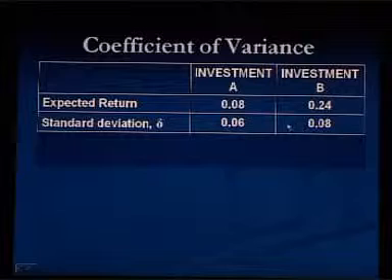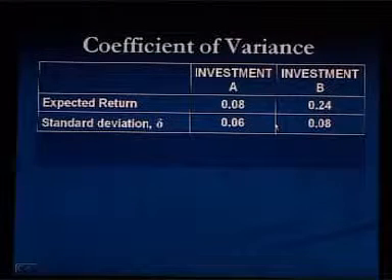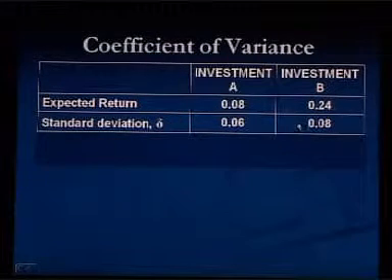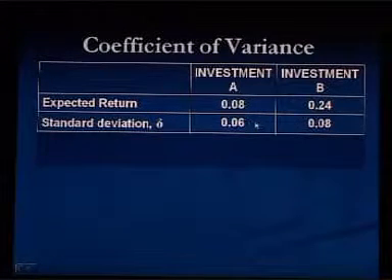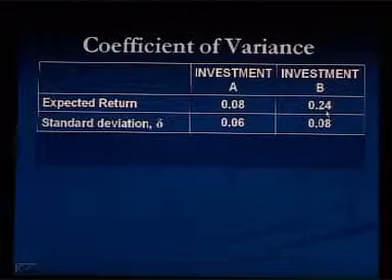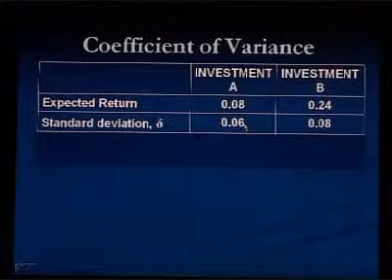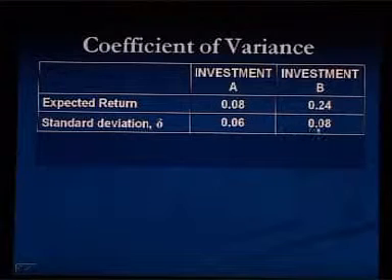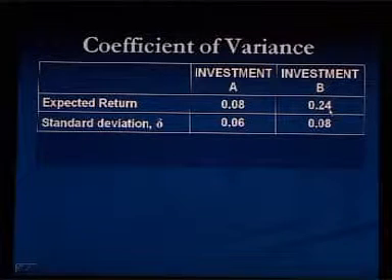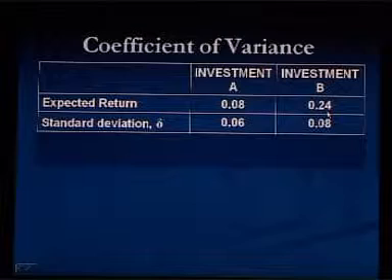So, if we simply look at the standard deviation of these two investments, we find that investment B is more risky as compared to investment A. But if you compare this 0.06 against 0.08 and this 0.08 against 0.24, you can get the idea that this 0.06 is relatively more risky as compared to 0.08 against 0.24 or 24%.